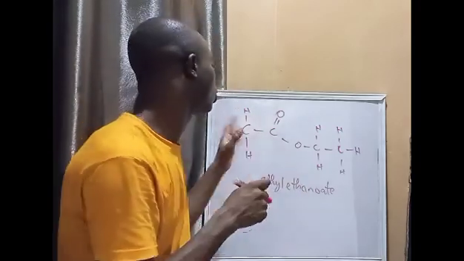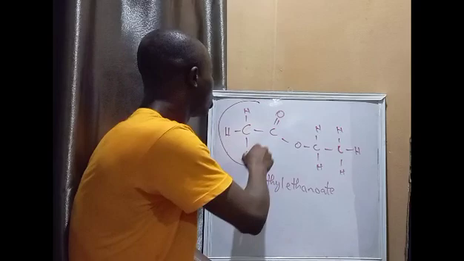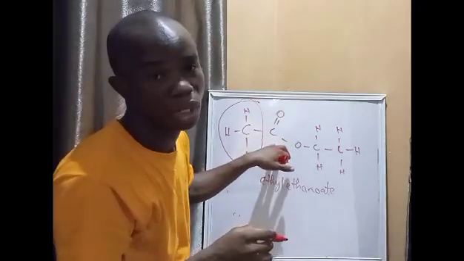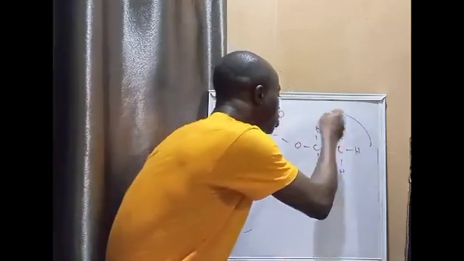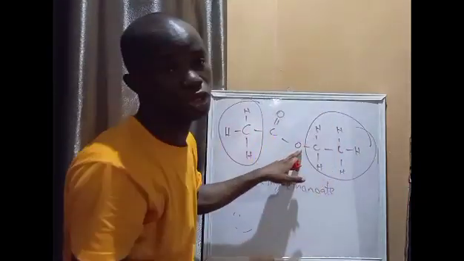But in this case, if you look at this, you can say that this CH3 here is attached to the carbonyl functional group, which is C double bond O. But this ethyl part is attached to this O.